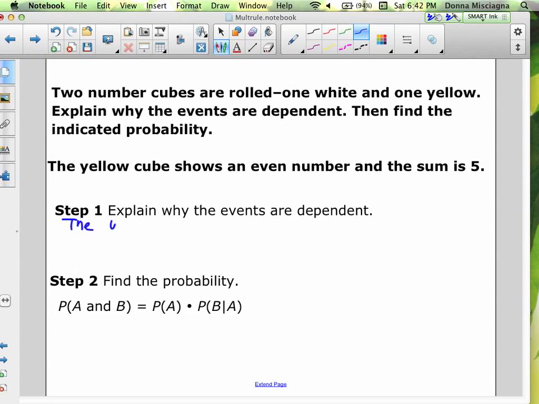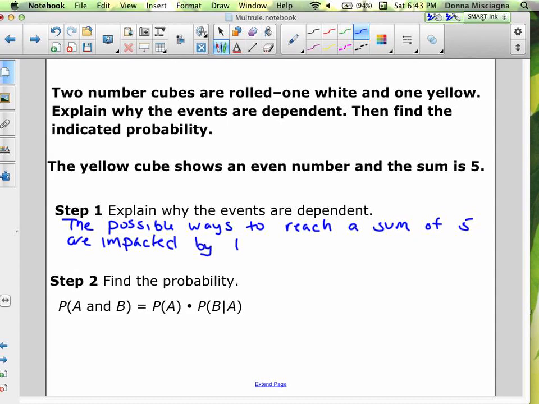The possible ways to reach a sum of 5 are impacted by the first roll.